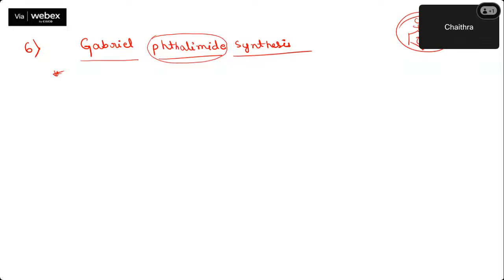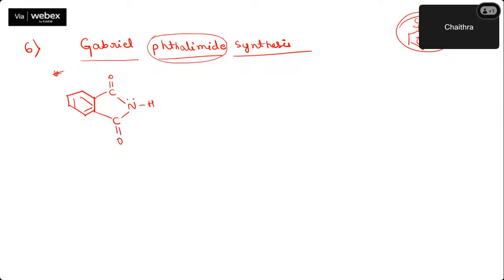So let me take the amide part of this. So I'm taking phthalimide. Write the benzene ring, and you have an imide. Imide is nothing but carbon which is attached to nitrogen. And you have a nitrogen with a lone pair of electrons, right? So this is the starting material.